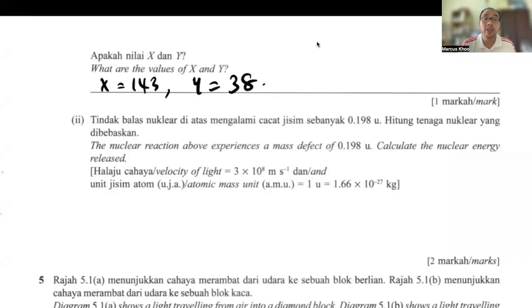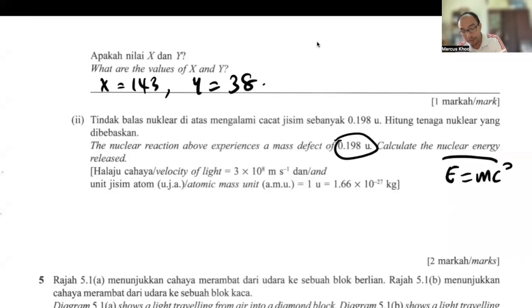Now, the nuclear reaction above experiences a mass defect of 0.198 U. Calculate the nuclear energy. Okay, so nuclear energy is E equals mc squared. But don't forget that the m is the mass defect in kilograms.